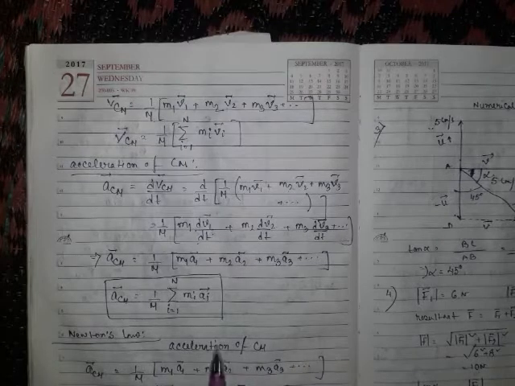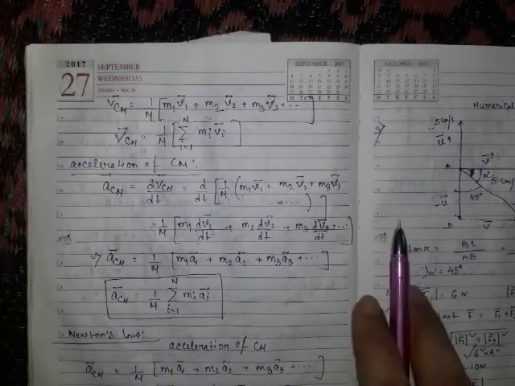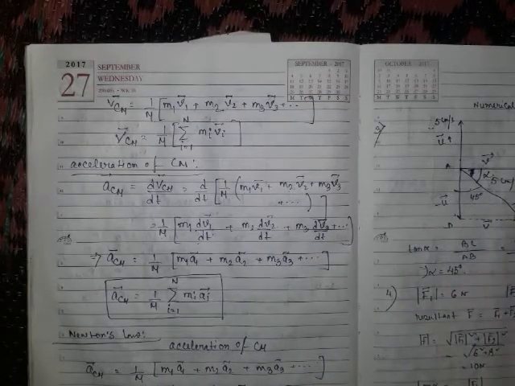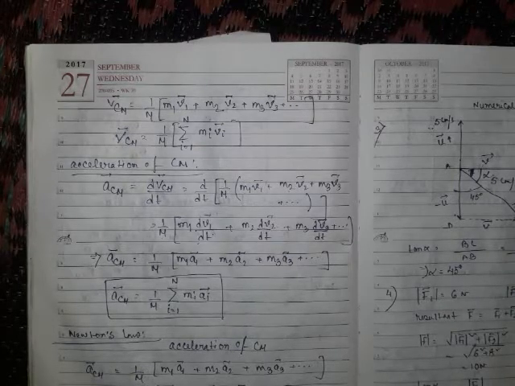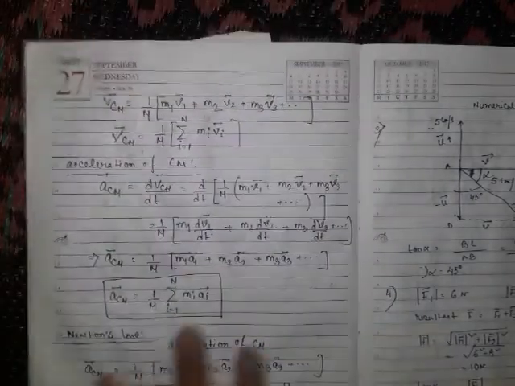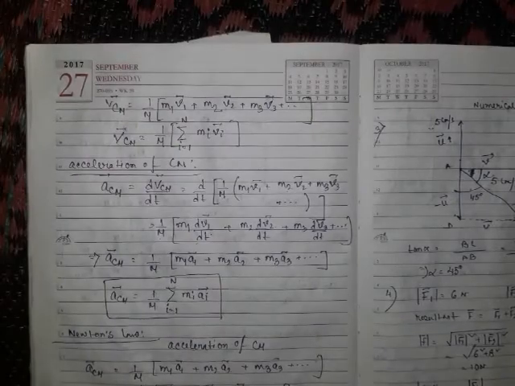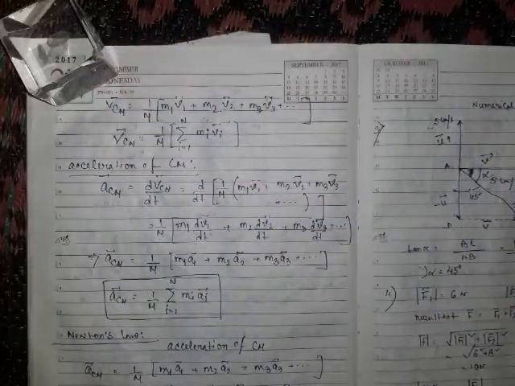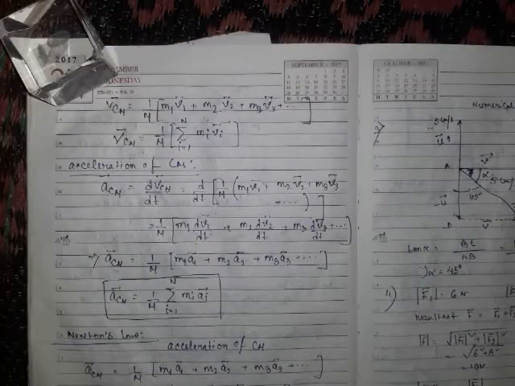Okay, now confirmation of Newton's laws of motion. Now what we need, we just take the concept of center of mass just to replace this number of particles with a single point mass. Okay, now you have a diffused body.